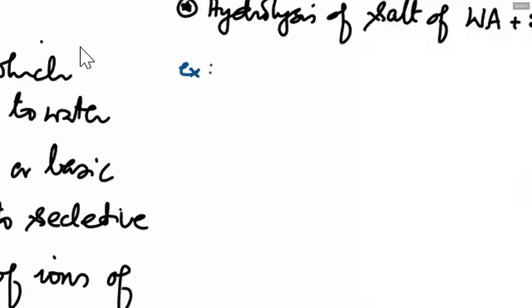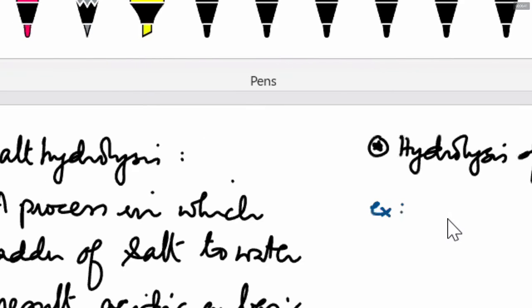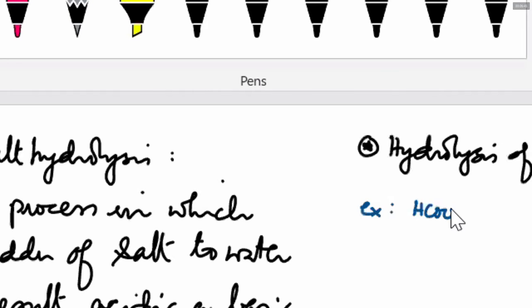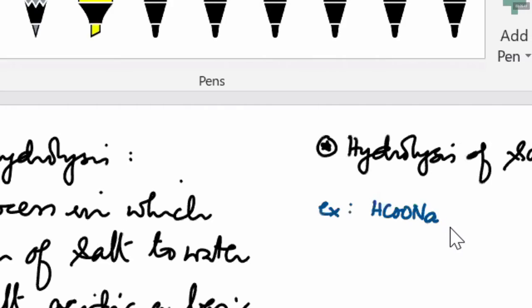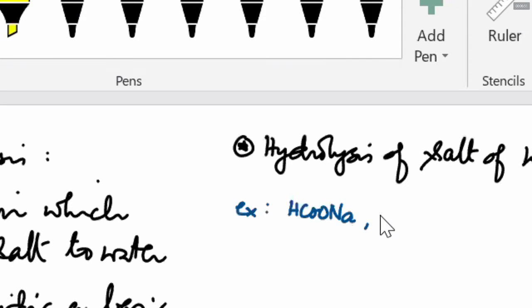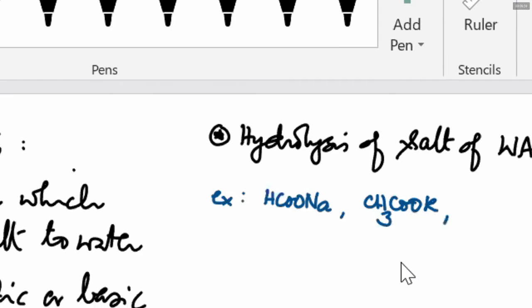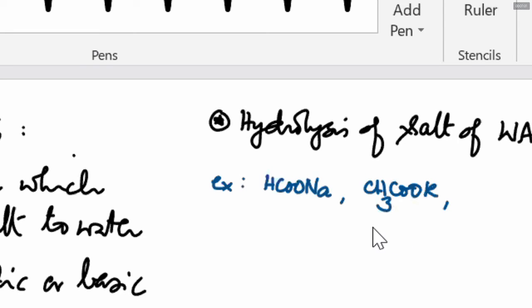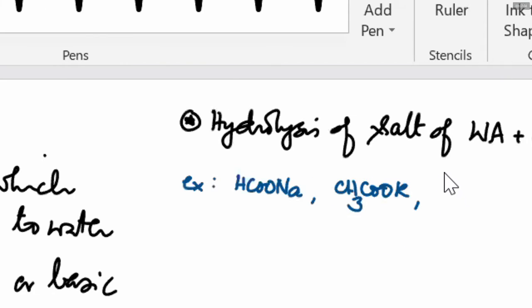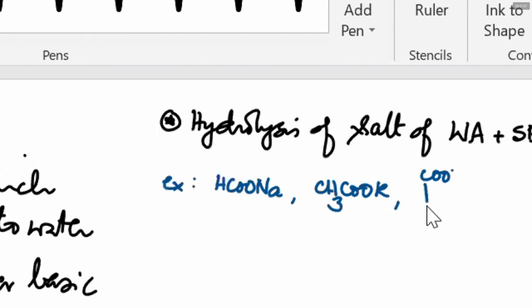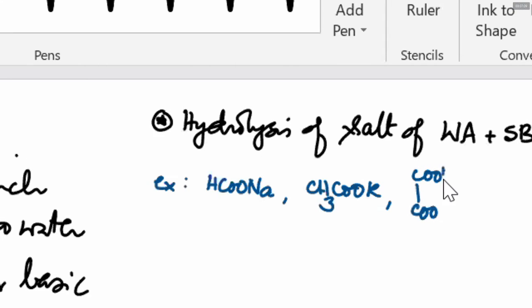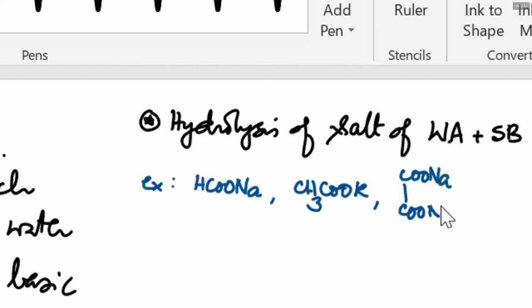Let us try to understand something. I'll give you some examples. You people are geniuses, you can create so many other examples. For example, formic acid along with sodium hydroxide gives sodium formate, weak acid, strong base. Acetic acid along with sodium hydroxide or potassium hydroxide gives sodium acetate, potassium acetate, etc. Oxalic acid along with sodium hydroxide gives sodium oxalate.